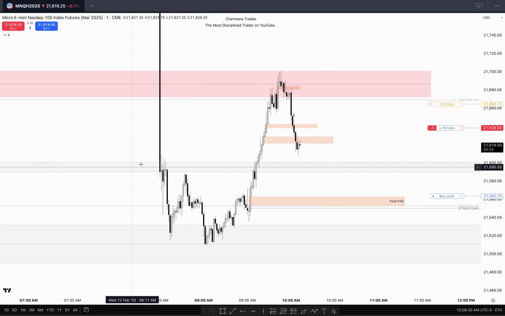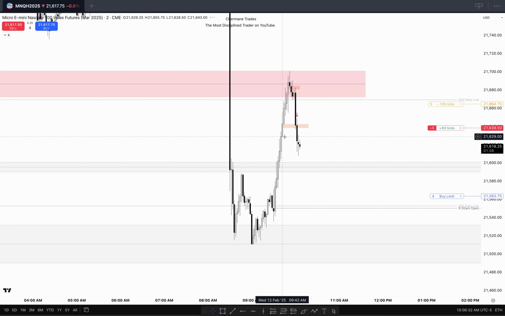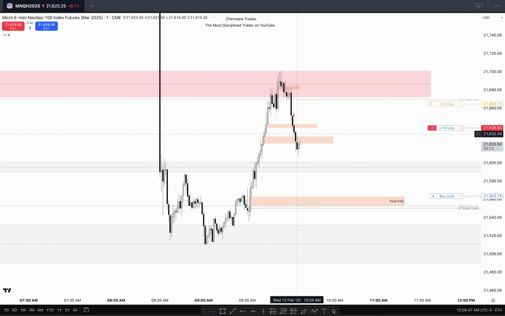We likely have a fair value gap on like a 2-minute chart right there. But if that stays open, then it goes without saying that we're pretty heavy.